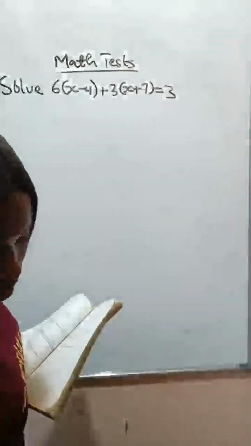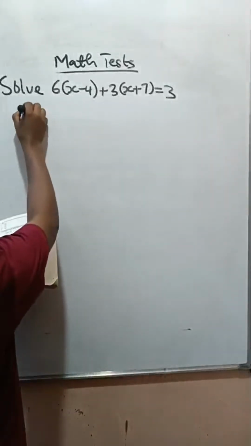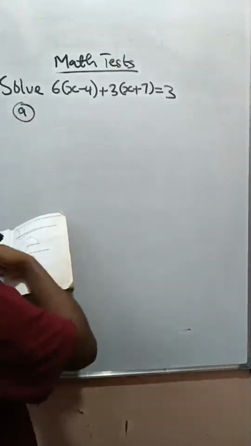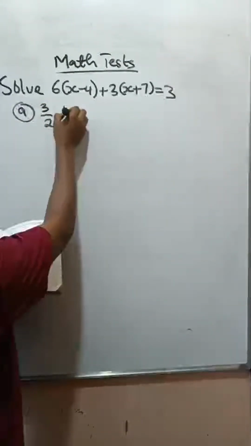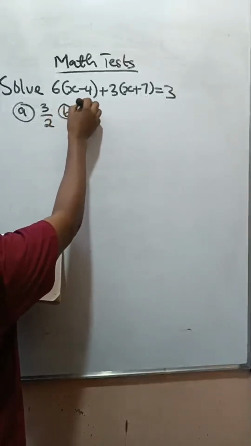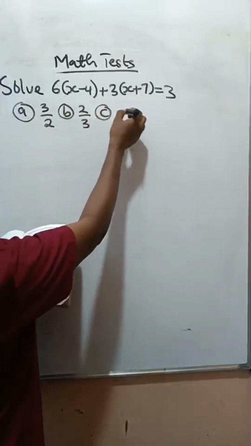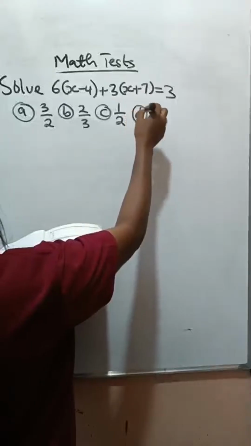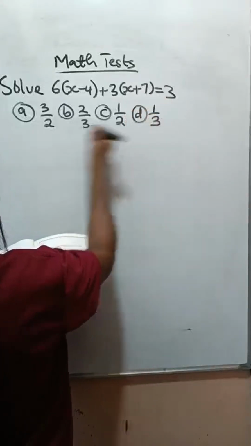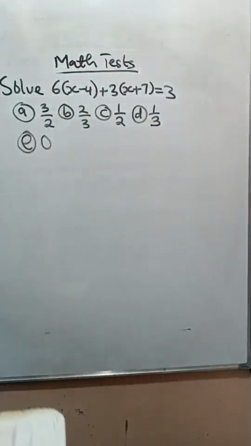Option A is 3 over 2. Option B is 2 over 3. Option C is 1 over 2. Option D is 1 over 3. Option E is 0.